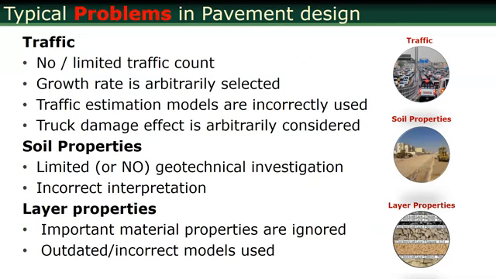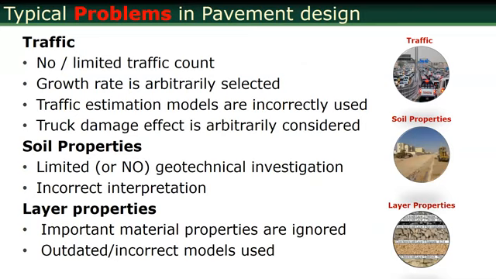A layer coefficient of 0.44 is typically used for asphalt layer, and there's a reason for that 0.44. It can go up and down depending on the type of material. If you are using a polymer modified material, a little bit better material, maybe it will go up.